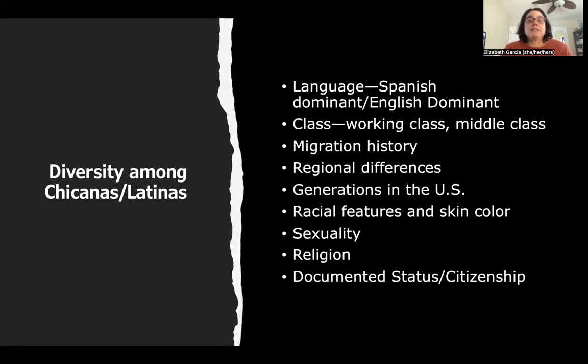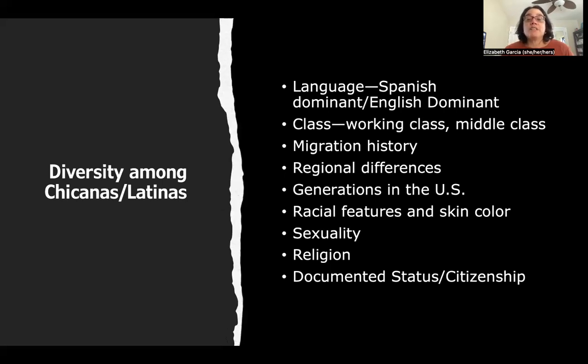Now, the reading from Patricia Sabella talks about diversity among Chicanas and Latinas. In addition to these various labels that are used by the population itself, that depend on region, experience, generation, and so on, there are all these other factors that contribute to the diversity that you will find among Chicanas and Latinas. There are language differences. For example, some people might be Spanish dominant, some people might be English dominant.